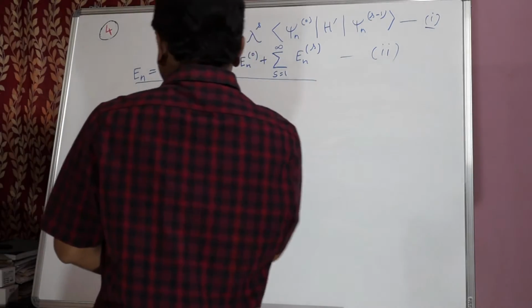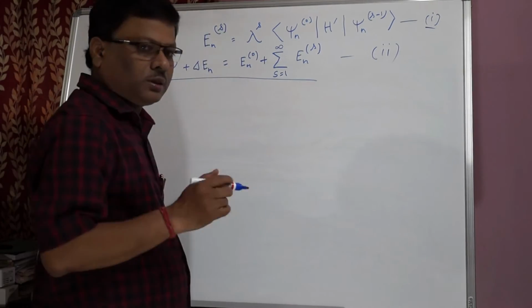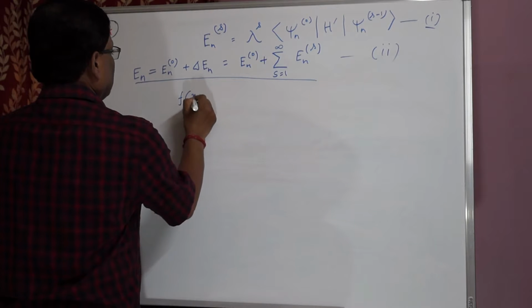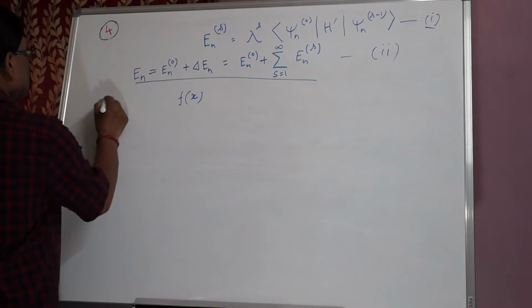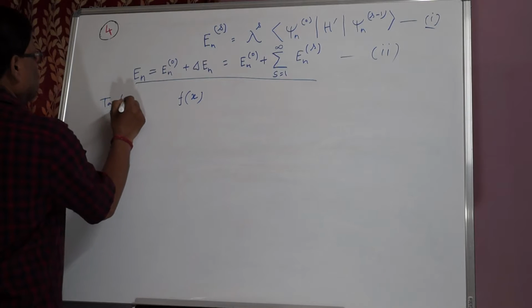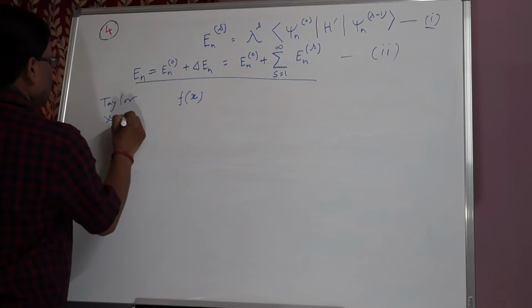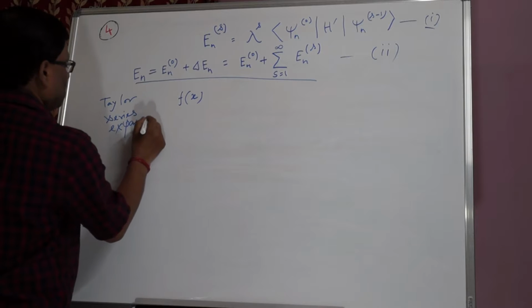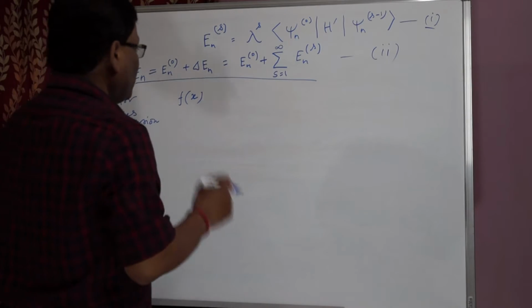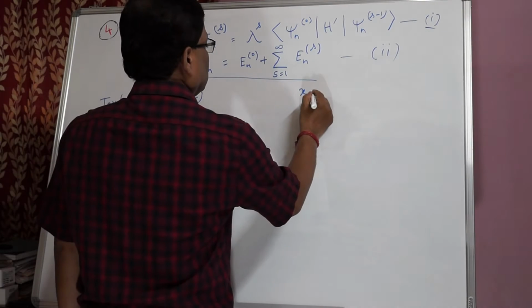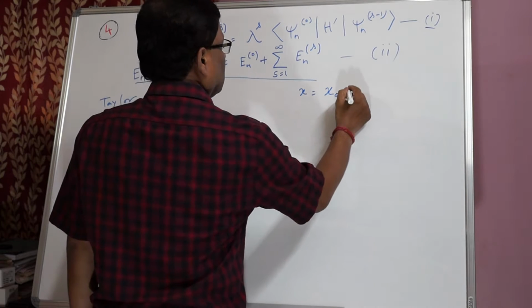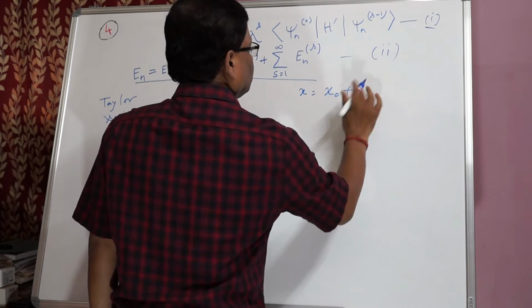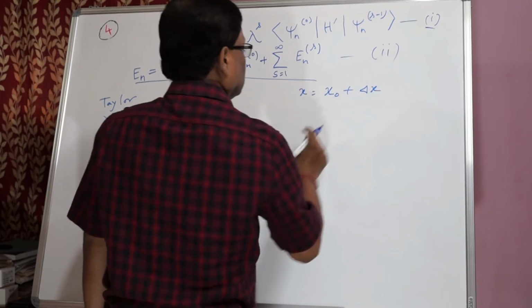We first use the Taylor series of some function f(x). Taylor series expansion of some function f(x), where x takes this value, delta x.